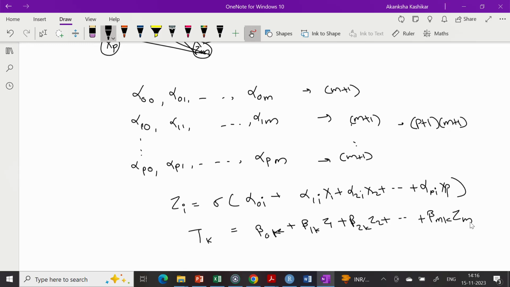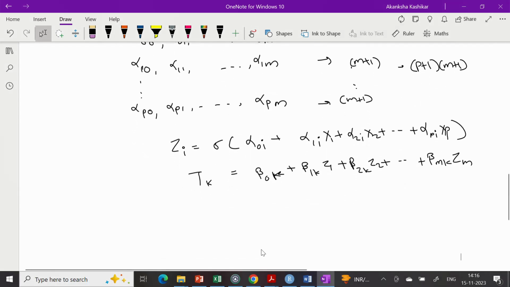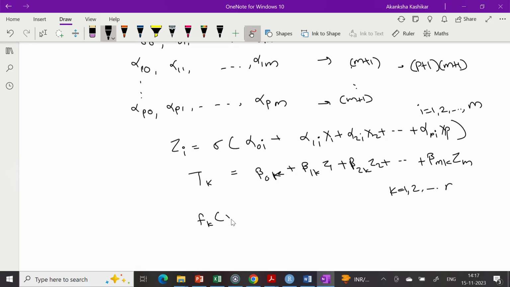That also is our choice, and we will see in a minute how many Tk's we have in each setup, classification and regression. So k can go from 1 up to R. In the Zi's, i goes from 1 up to M because there are M Zi's. Then there are R Tk's, and then we finally define Fk of the vector x as some function applied to this t vector.